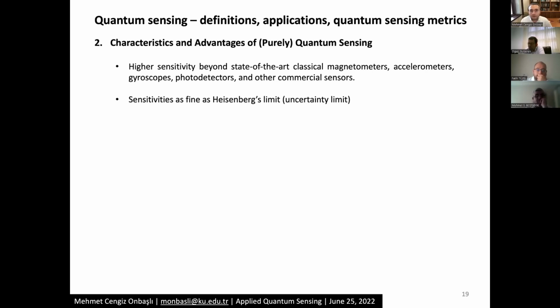And if you also use entangled states, as I showed you in the earlier examples, we might beat the shot noise limit and go as low as Heisenberg's limit, which is what Özgür Hoca derived in the previous lecture. So this is possible, and we are going to need to prepare our states properly.